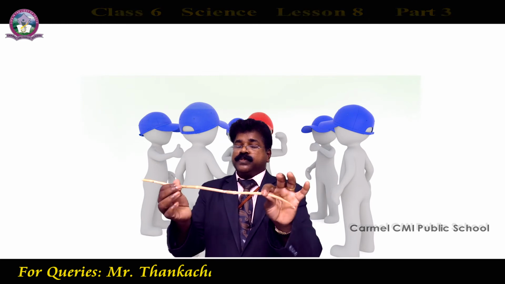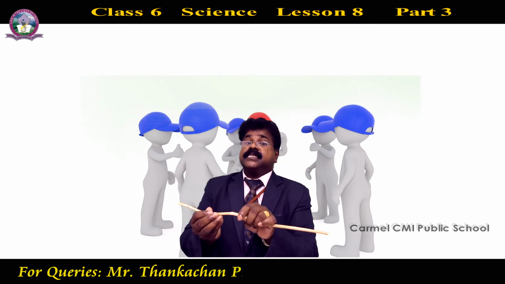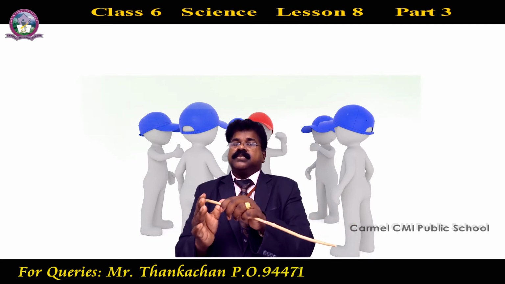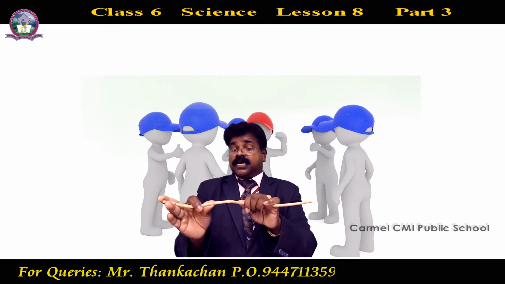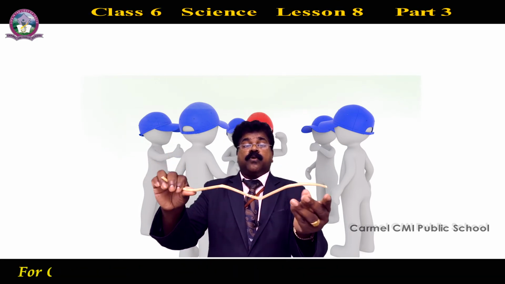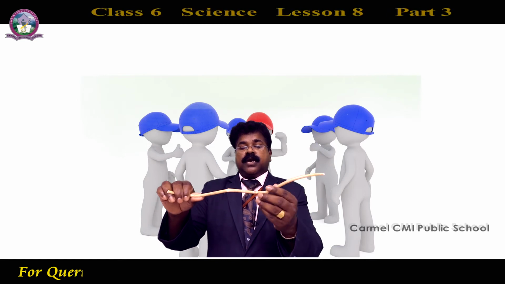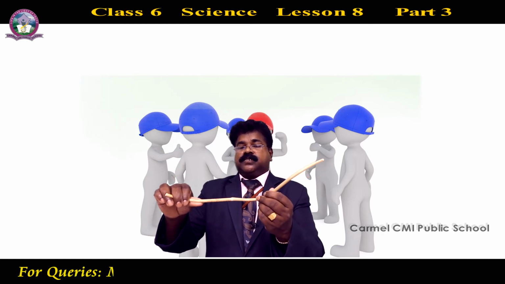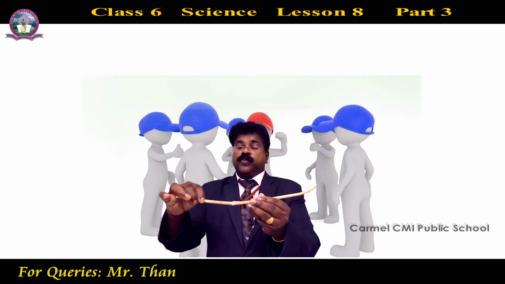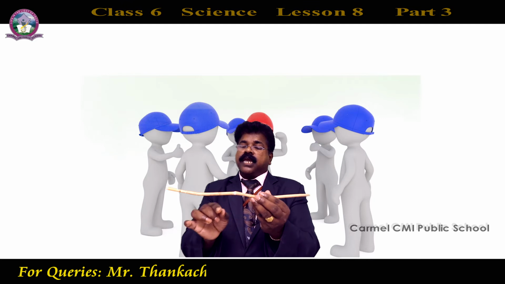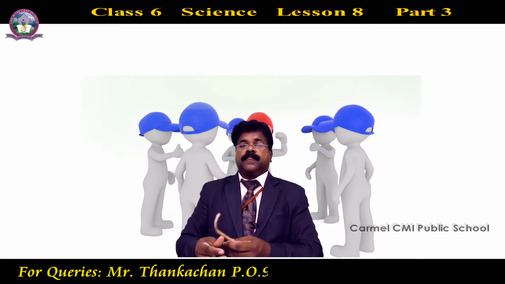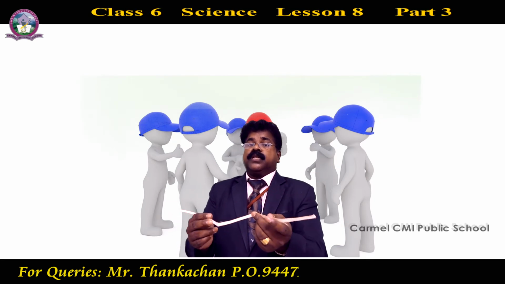The formation of loops in the snake's body creates a jerking movement, because each loop creates a little jerking movement. Each loop provides a force by pressing against the soil. As a whole, the snake is able to move from one place to another because of this jerking movement.